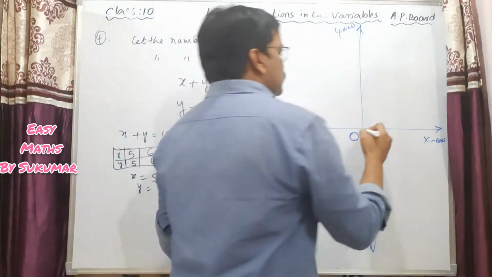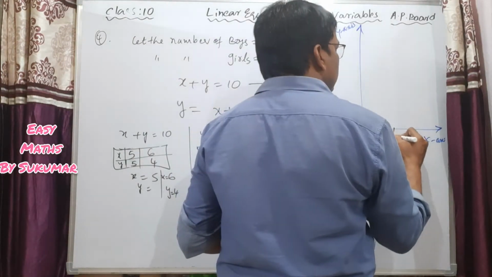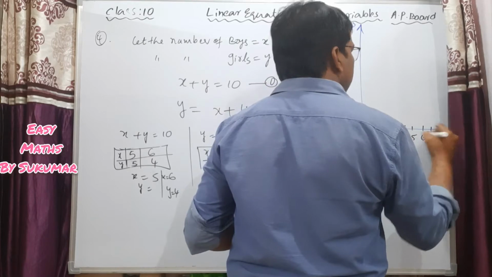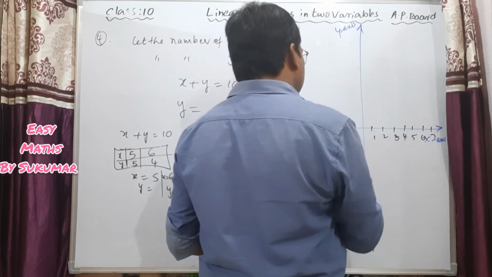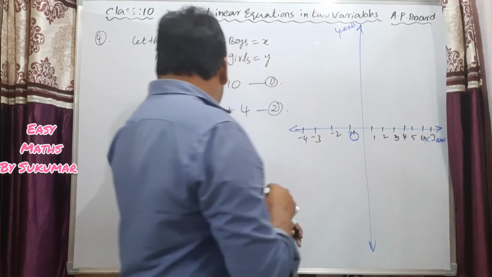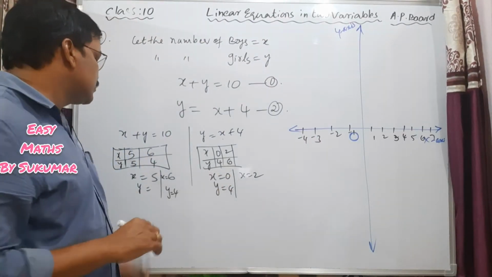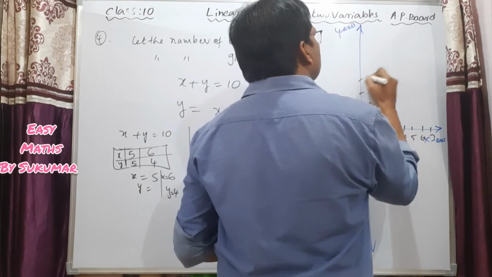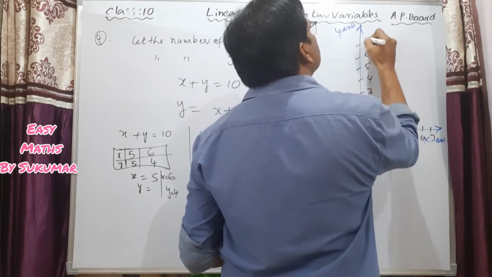That means 1 centimeter, 1 unit is enough here. 1, 2, 3, 4, 5, 6, 7, and here -1, -2, -3, -4, like that. On the y-axis, the maximum value is 6, the minimum value is 4. Here also we can take 1, 2, 3, 4, 5, 6, 7, like that.